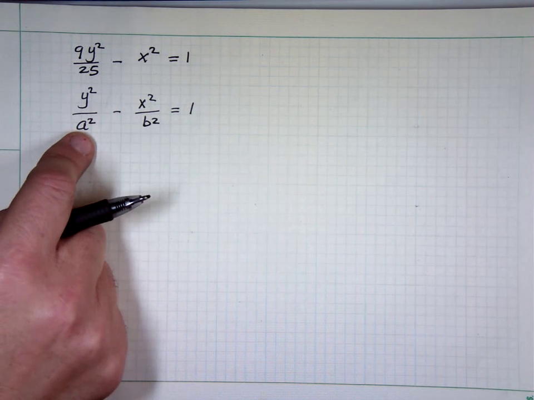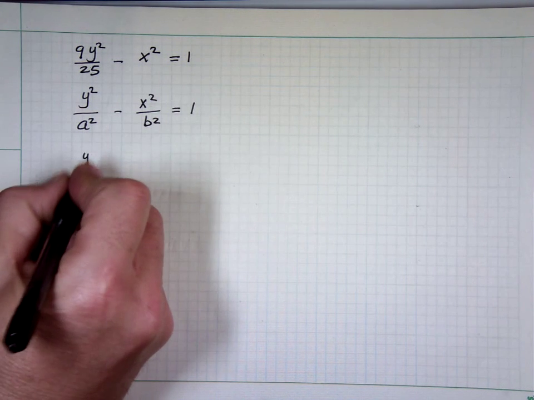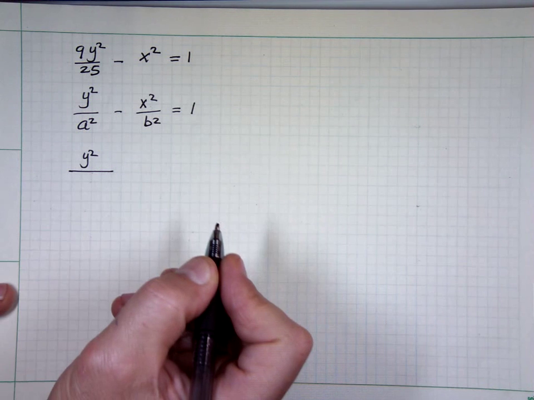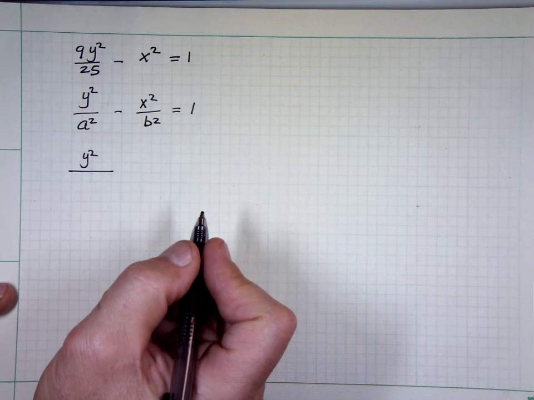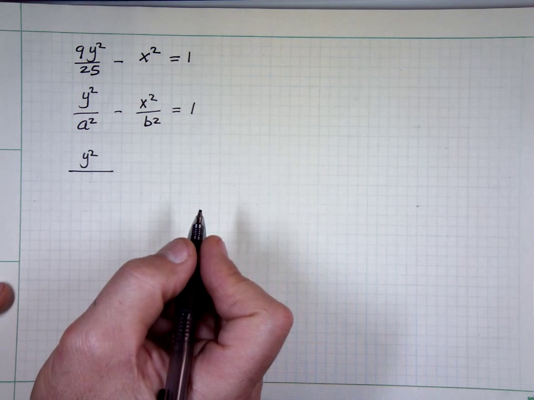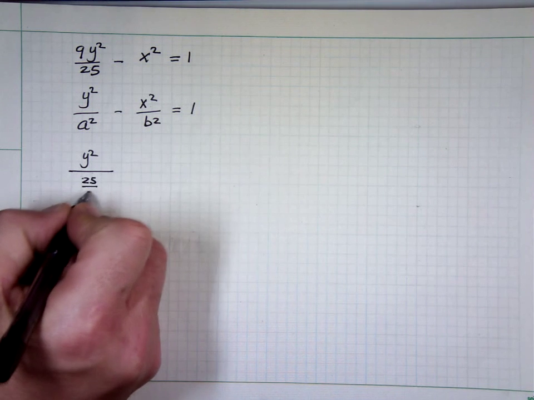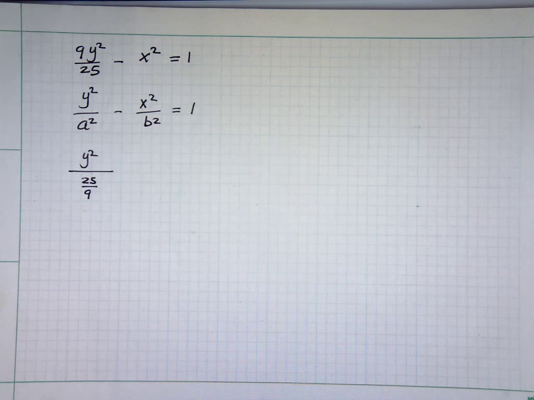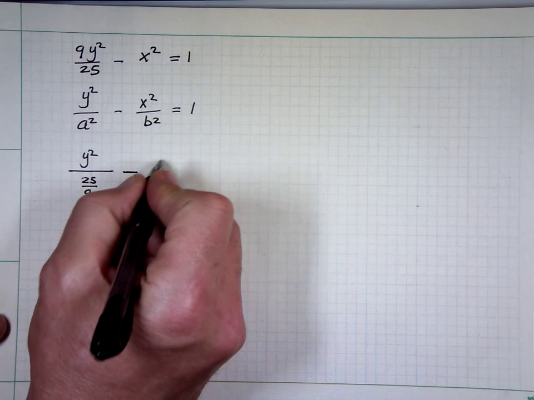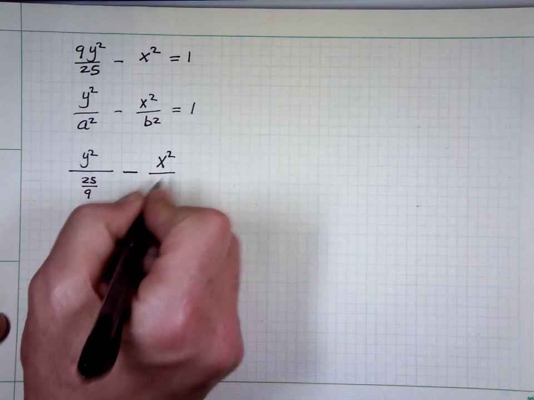So how can I write that y squared over what? 5 squared. How about 25 over 9? When you divide by 25 over 9, is that the same as multiplying by 9 over 25? And I can make that x squared over what? 1.